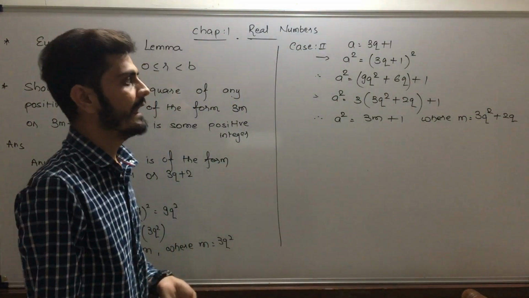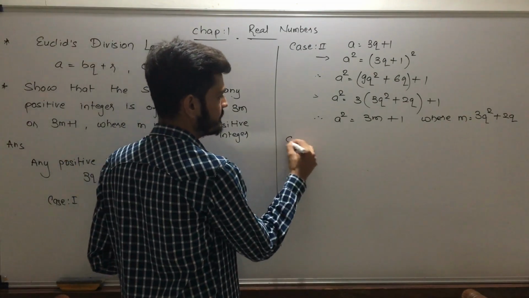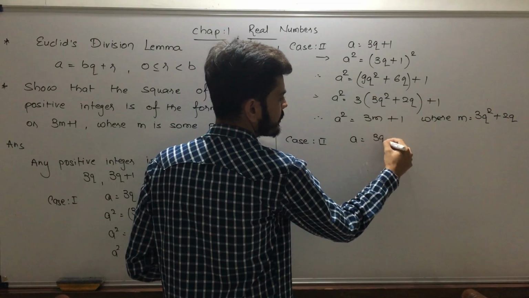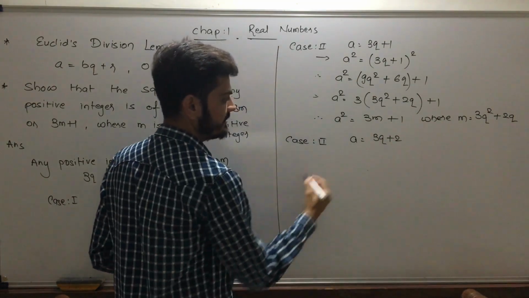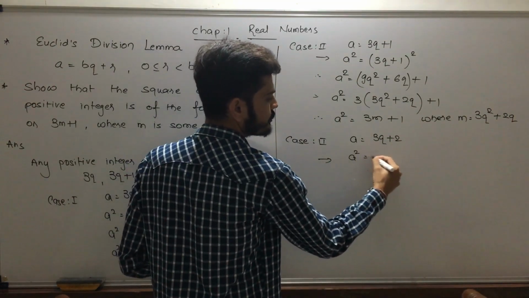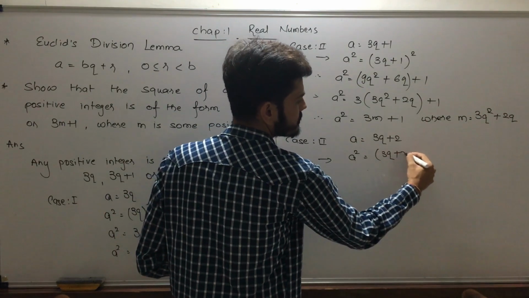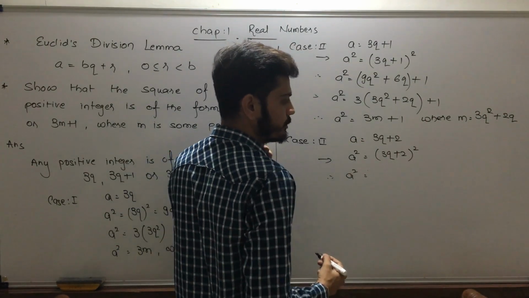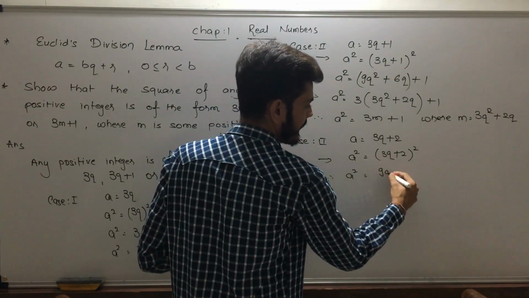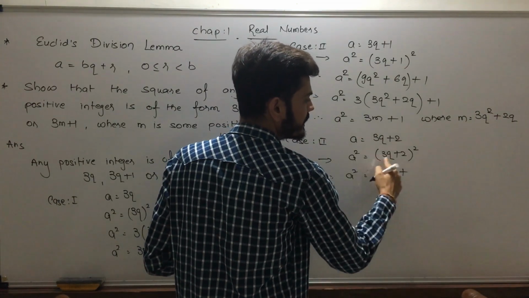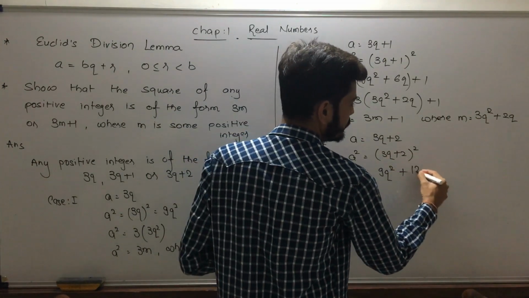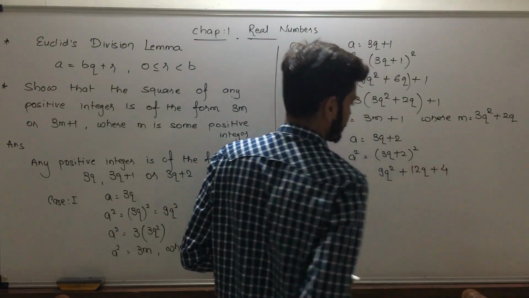Got it everyone? And the next case again, case number 3. A is equal to 3q plus 2. Again squaring on both the sides, so 3q plus 2 the whole square. So again a plus b the whole square, that is a square 9q square plus 2 into a into b, that is 2 3s are 6, 2 2s are 12q plus 4.